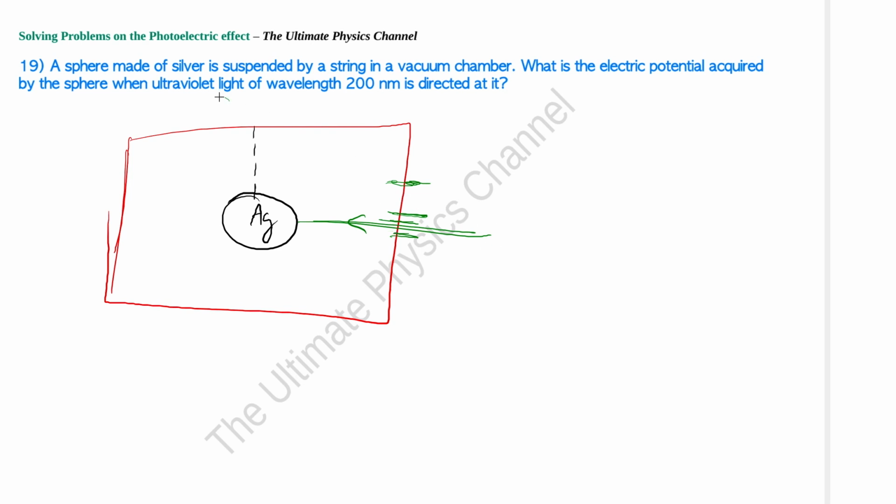That wavelength is given as 200 nanometers. What is the electric potential acquired by the sphere?